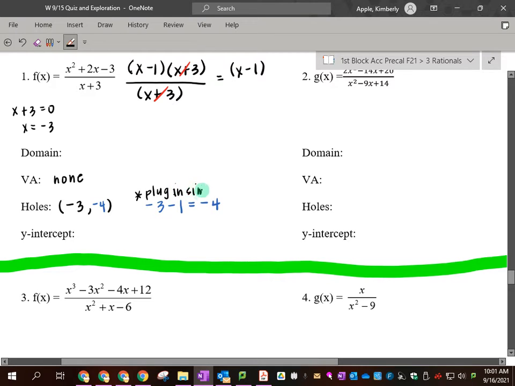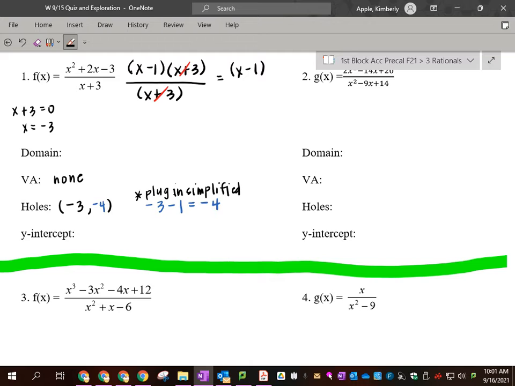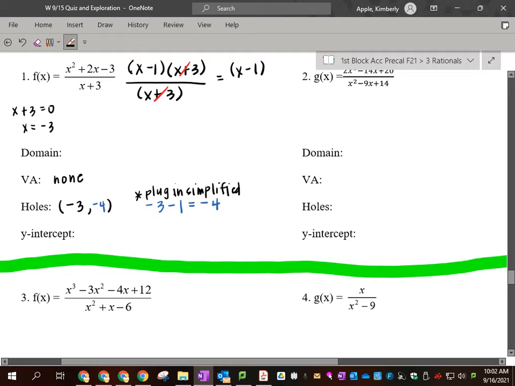Plug it into the simplified version to get the y value. Okay, so now we know exactly where our hole occurs because it is a single point. You call it a hole, but its proper name is a removable discontinuity. So it's just like you literally took one little teeny speck out.